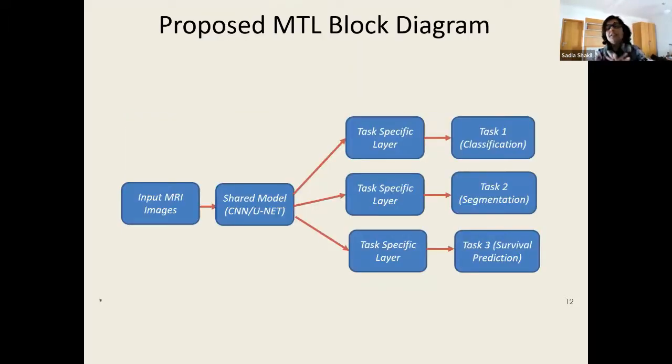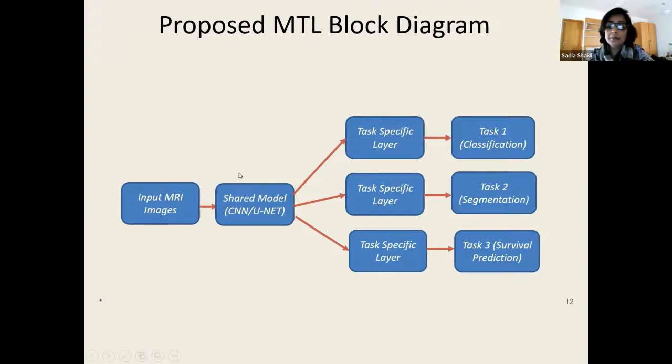So this is a simple block diagram that we actually came up with. The branch of machine learning or AI that we are using here is the one in which we don't extract the features from the data. So what we did in this particular case is that we took all the MRI images.